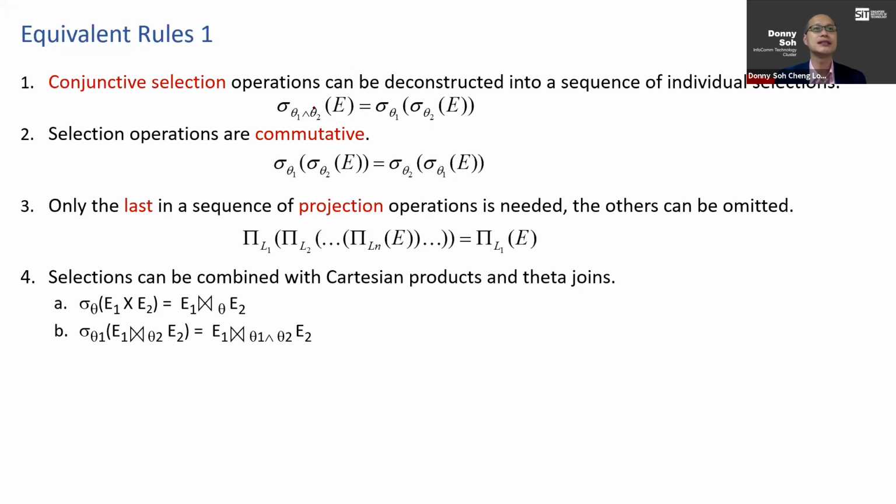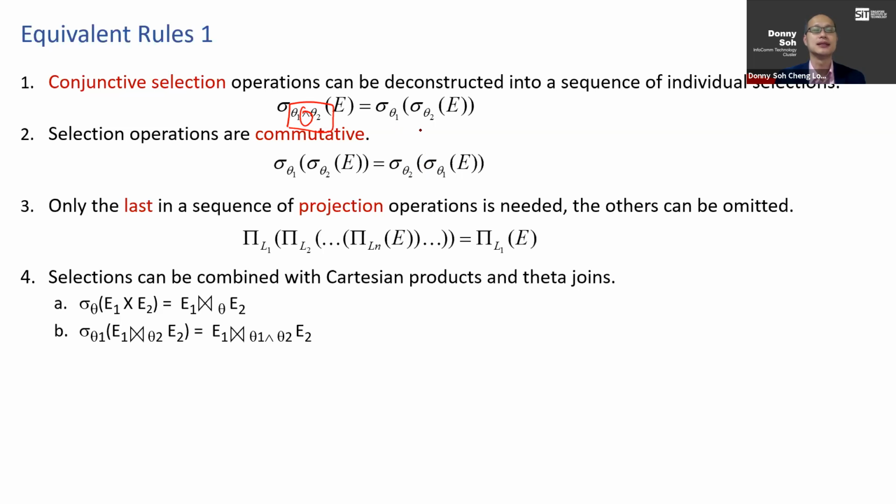The first one says that a selection, if it's a conjunctive, which is an and, can be deconstructed into a series of individual selections.